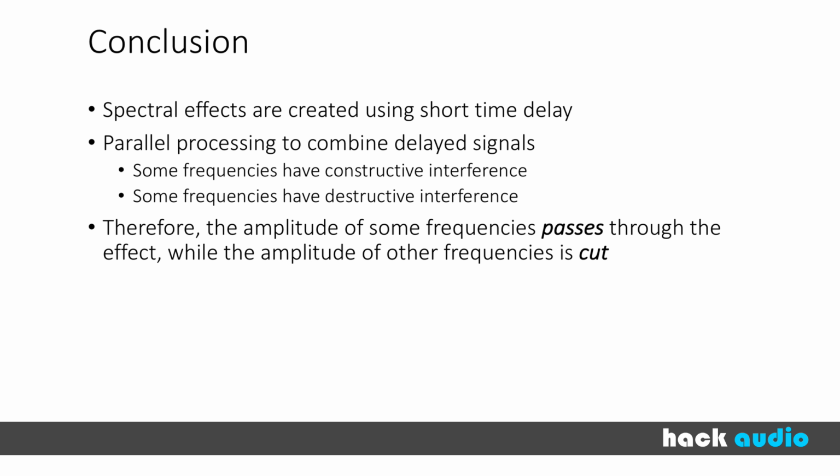Therefore, the amplitude of some frequencies passes through the effect while the amplitude of other frequencies is cut, right? This is called filtering. Sometimes we have low-pass filters or high-pass filters, band-pass filters, notch filters, and we're going to look at how we can use this concept in order to set up just about any kind of filter that we like to create. We're going to analyze it, and we're going to design it, and we're going to look at implementing it in MATLAB in the next few videos.